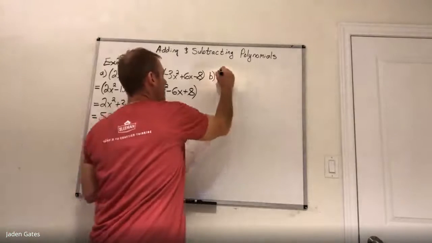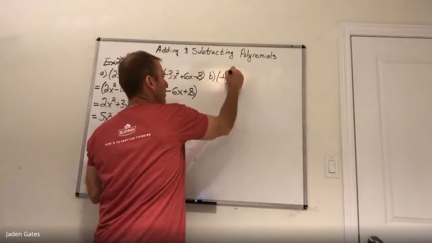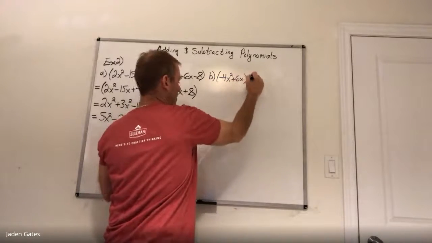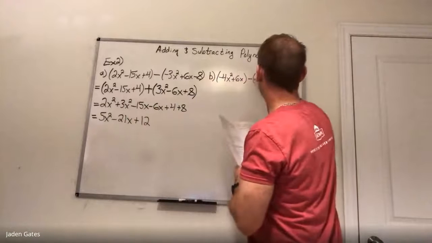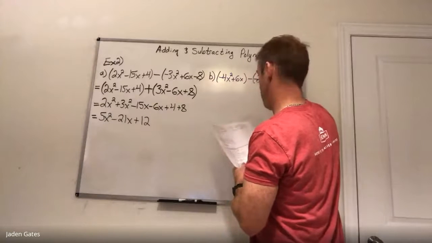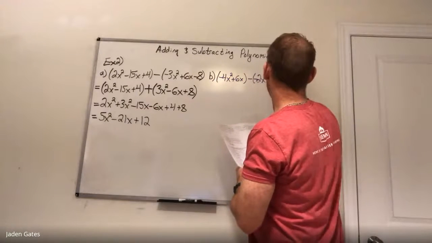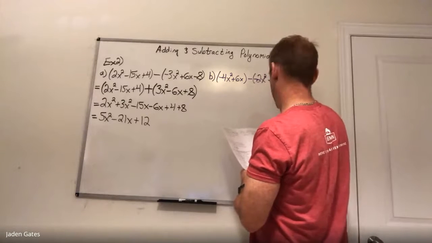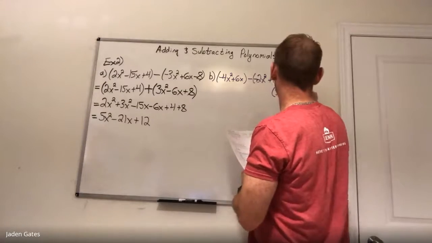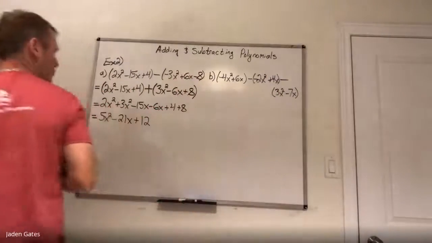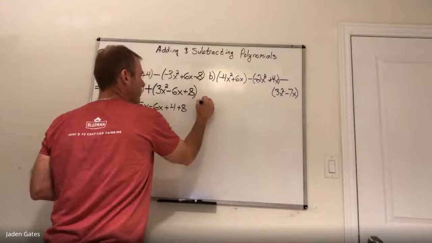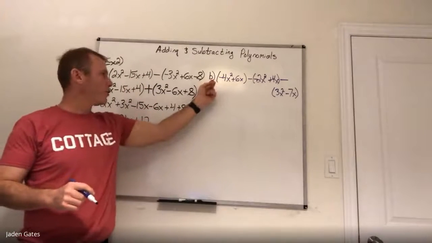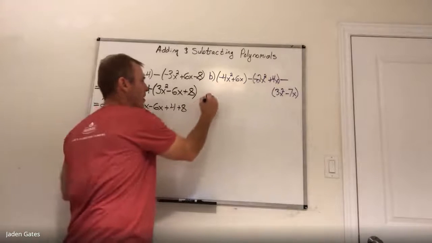So I have a negative 4x squared plus 6x minus 2x squared plus 4x, and then minus again this other polynomial, which is 3x squared minus 7x. All right, so now when I'm doing this question, again, there is no negative sign in front of this polynomial. The first one, there is no negative sign, so it's going to stay the same.